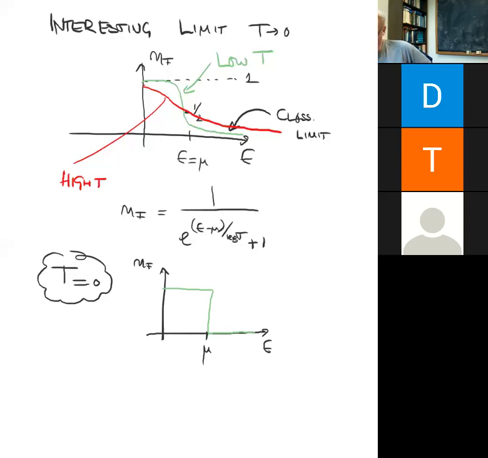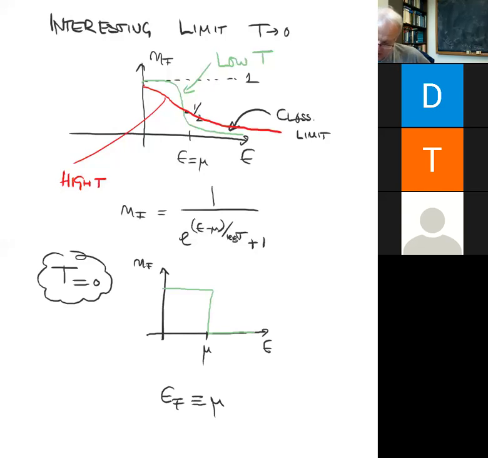So since the point epsilon equal to mu is kind of important, it's often given a name. It's usually called the Fermi energy. So epsilon Fermi is simply defined to be the chemical potential. So in this extreme limit, where you take the temperature all the way to 0, the situation you have is that all the states below the Fermi energy, which is equal to the chemical potential, are occupied, and all the states that are above the Fermi energy are unoccupied.